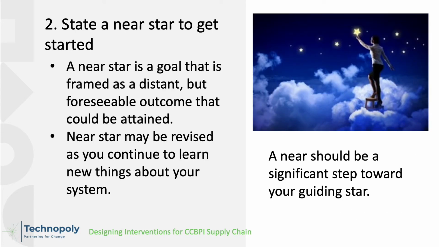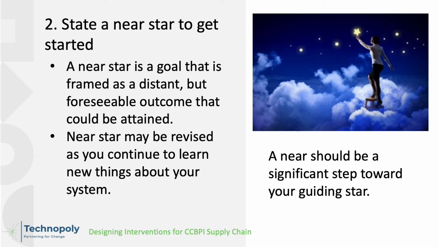The next step is to work out a near star. A near star is a goal that refers to a desire that we would like to have, but not as far away as a guiding star. Near stars can be a one, two, or three year goal that you want to achieve as an outcome of what the system is supposed to be.